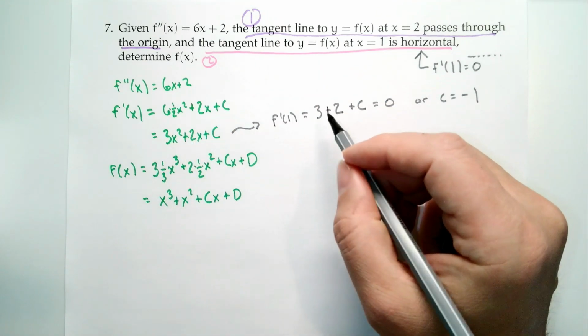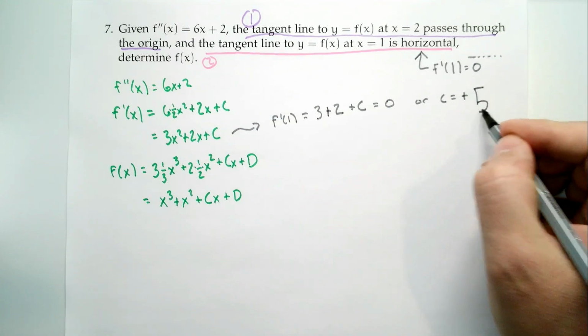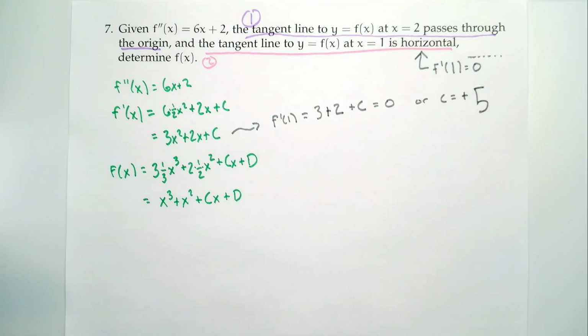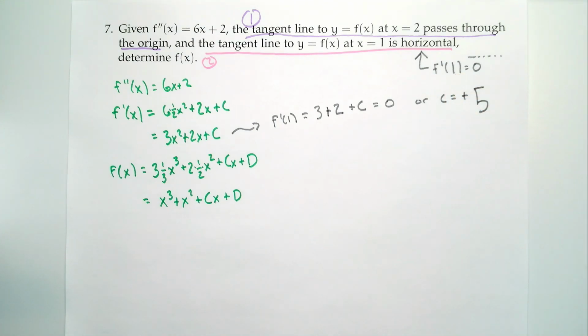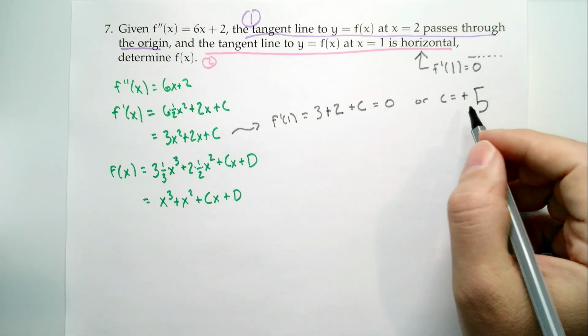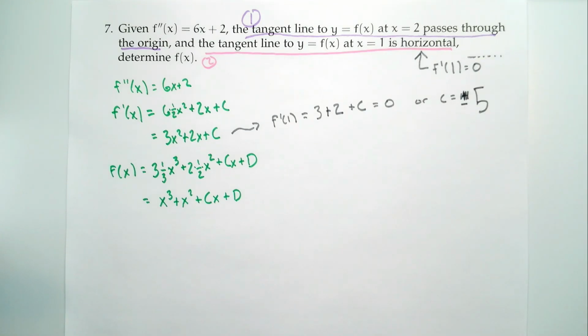Why did I put a minus 2? For some reason I was plugging in a -1, not +1. Oh my gosh. Whoops. So it's -5. Okay, alright, Steve, slow down. You don't want to make too many more errors. Okay, so c equals -5.